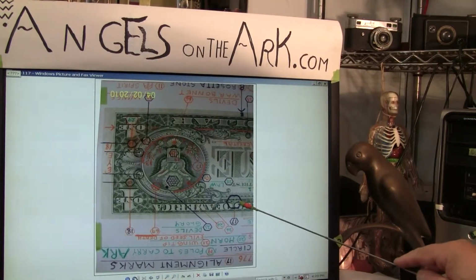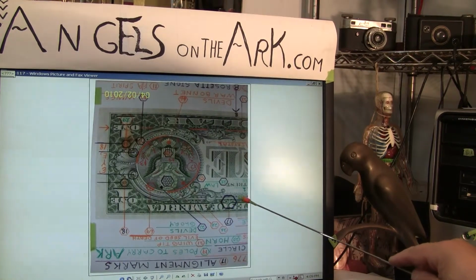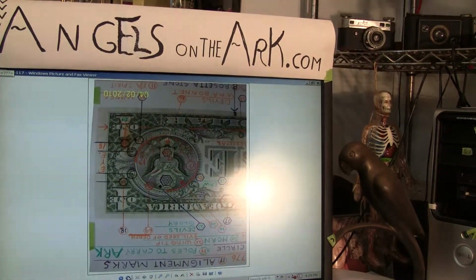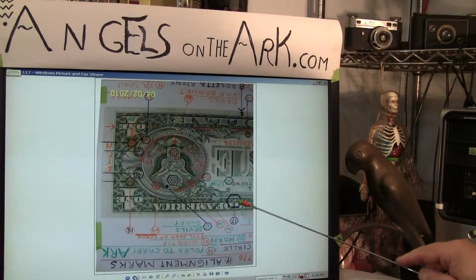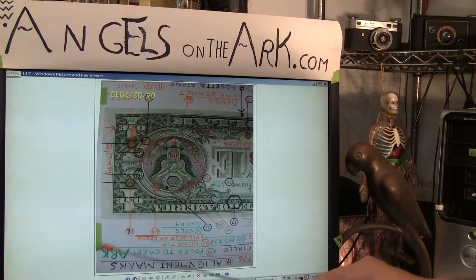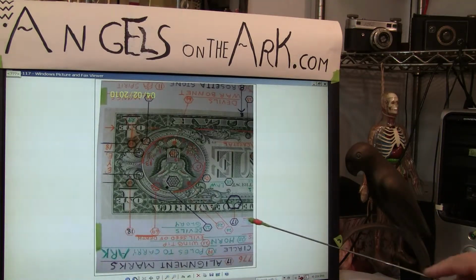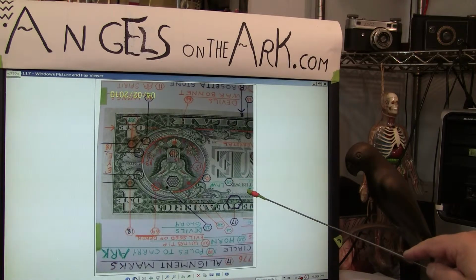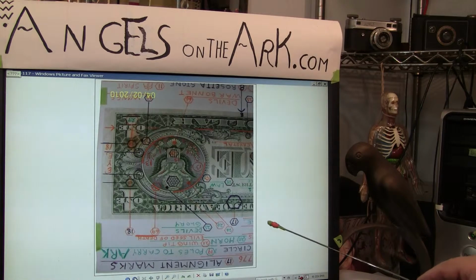This is a segment of the bill here with alignment marks, because when the Lord God created the $1 bill, He wanted there to be alignment marks so you could put multiple bills together in order to form certain types of structures or constructs in the physical form.